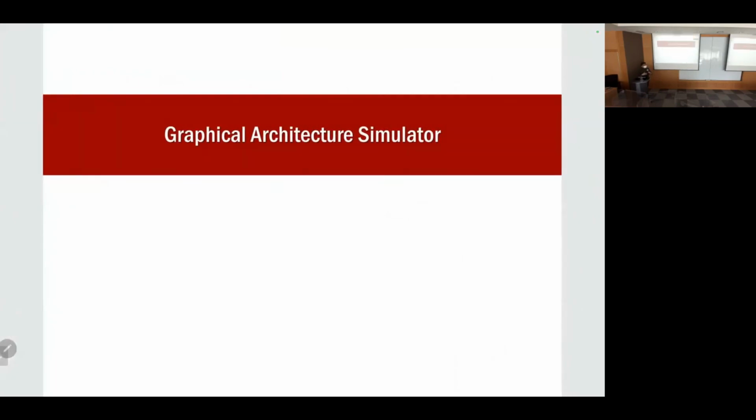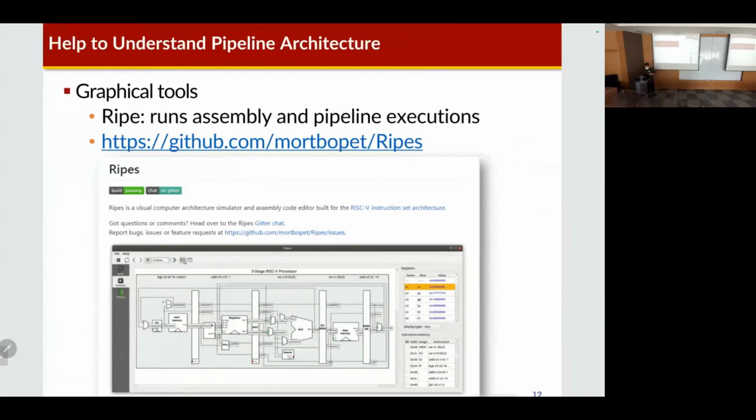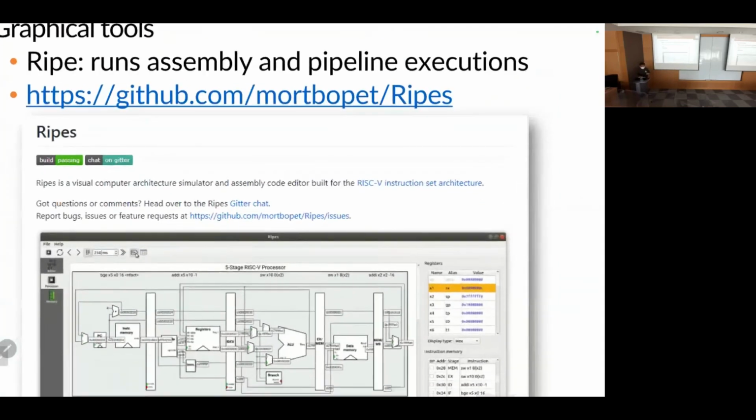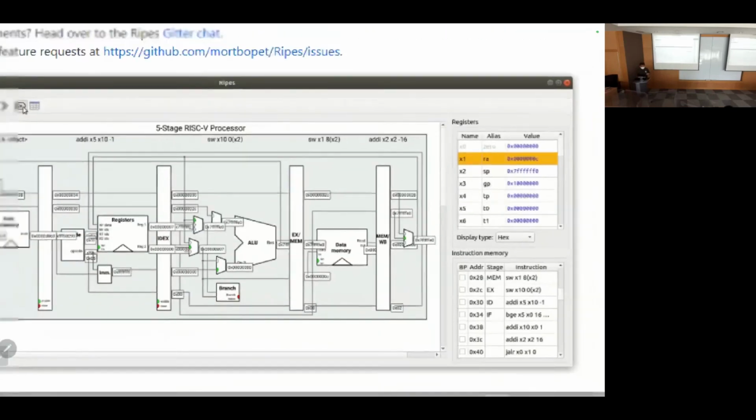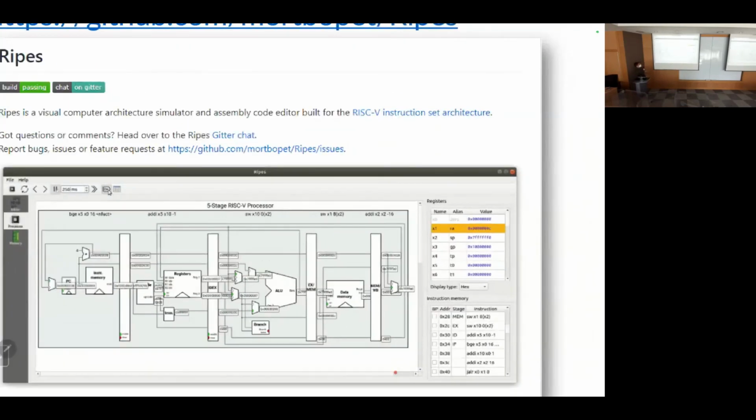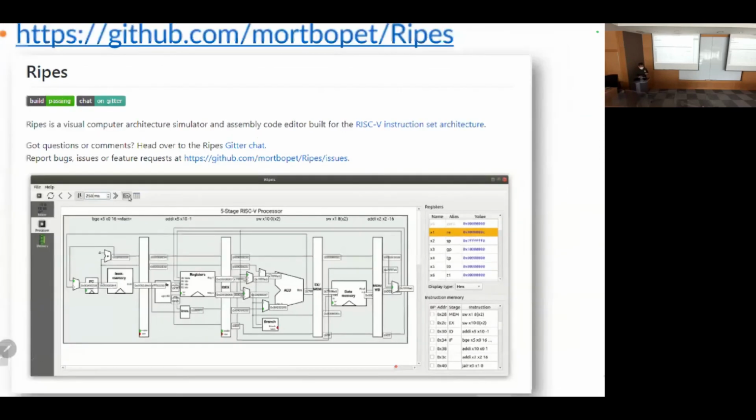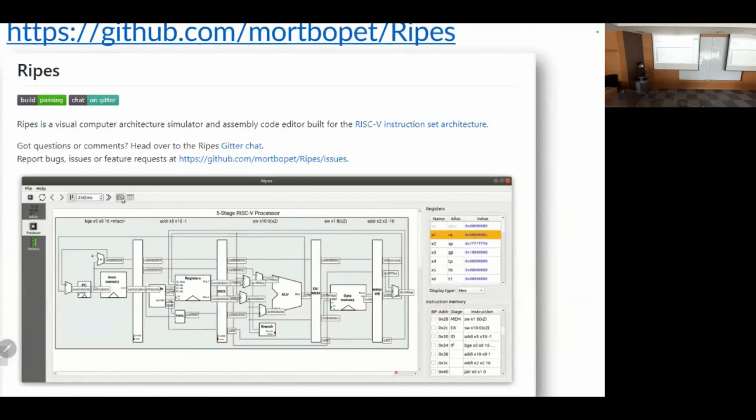And then we can also use a graphical architecture simulator. This is Ripes. This figure is very familiar, right? I just captured this figure from Ripes, and you can also find the 5 stages of the RISC-V processor in this simulator.